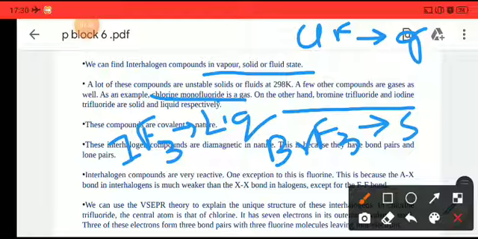Here ClF exists in gaseous form, IF3 exists in liquid form, and BrF3 exists in solid form. By this example you can easily prove that interhalogen compounds do not have only one state. They can have three states: solid, liquid, and gaseous.